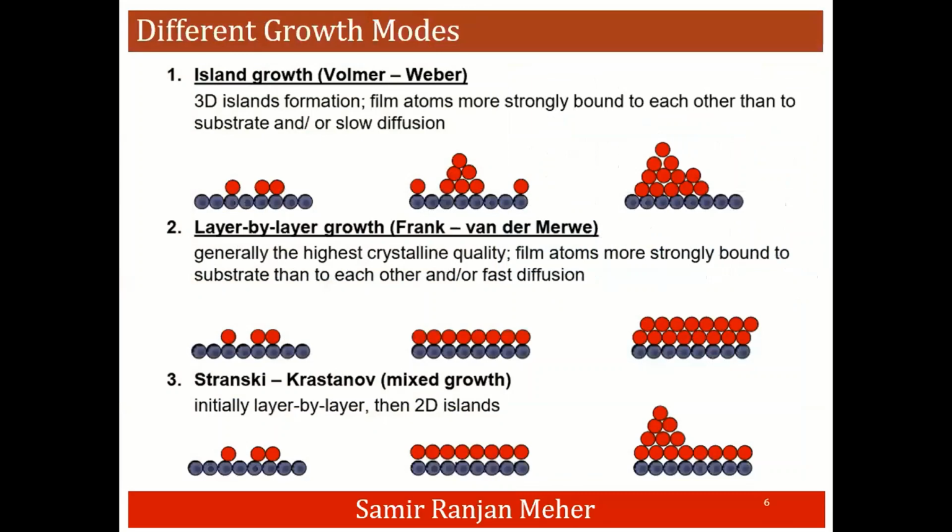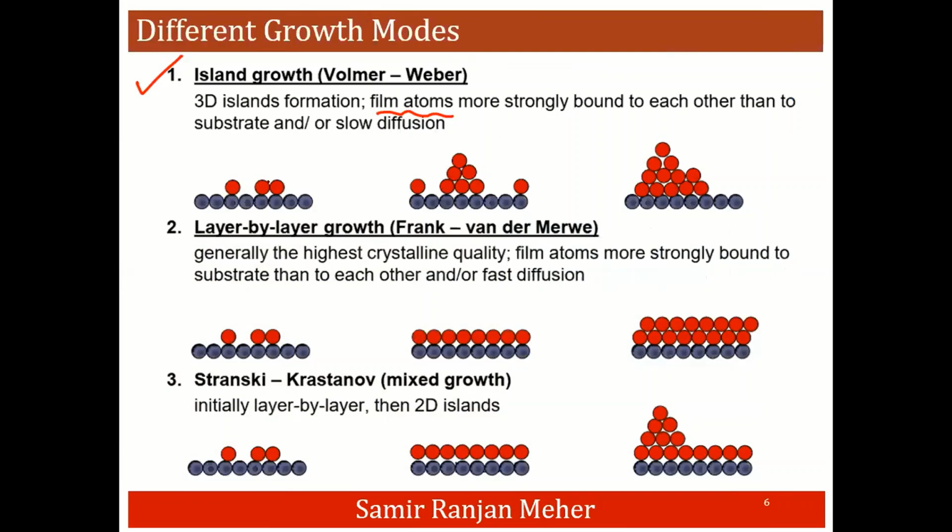So there are different growth mechanisms which have been prescribed in the literature for the thin film growth process. The first one is called the island type of growth. In this case, the cohesive force between the film atoms is very, very strong compared to the adhesive force between the film atoms and the substrate.